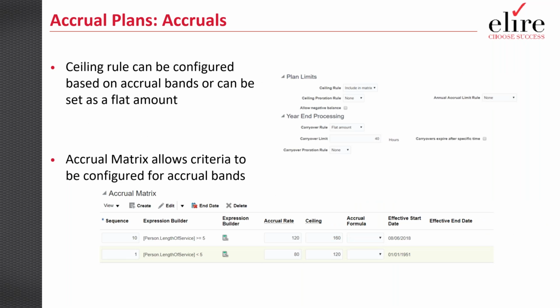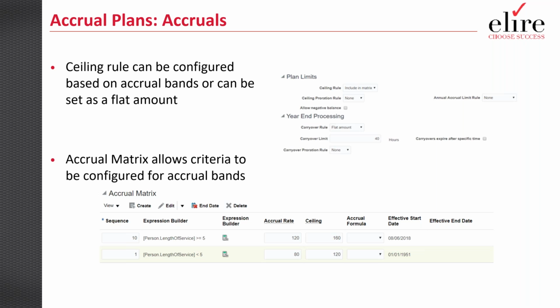Additionally, Oracle Absence Management allows you to set ceiling rules and carryover rules. So you can see over on the right for plan limits, you can specify ceiling rules and carryover rules. On the bottom, the carryover rule is set as a flat amount. So you can see the flat amount is set to 40 hours. Additionally, you can make that 40 hours expire after a certain amount of time. You can also prorate the carryover based on your employees' FTE.